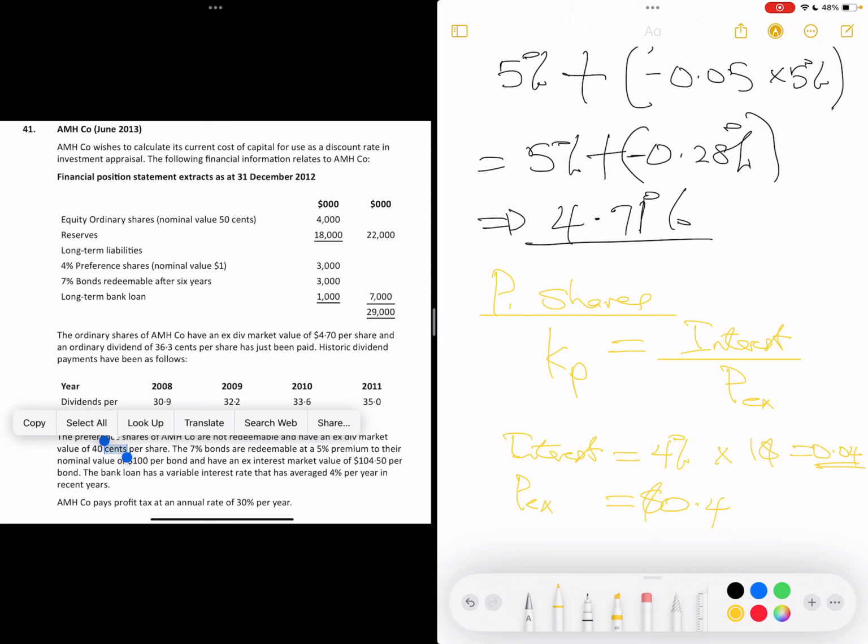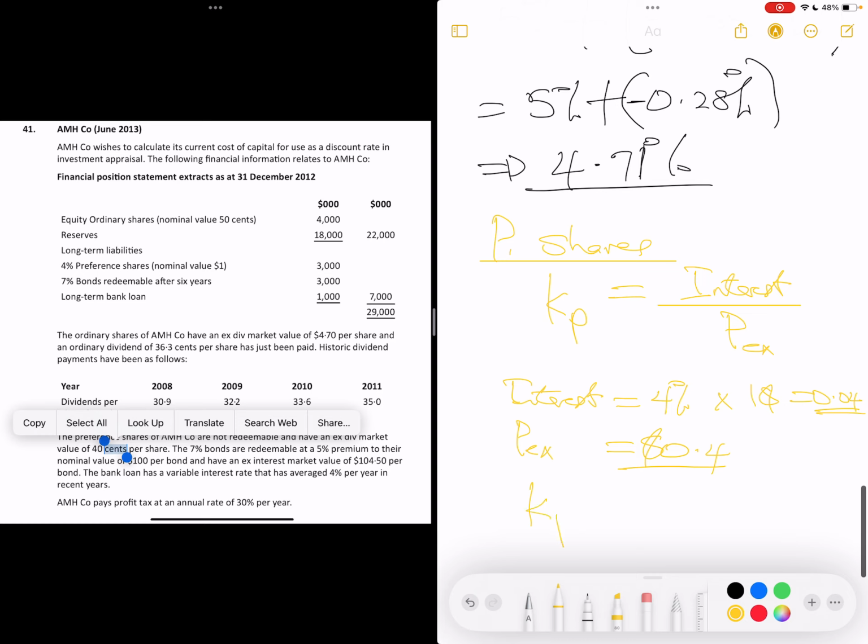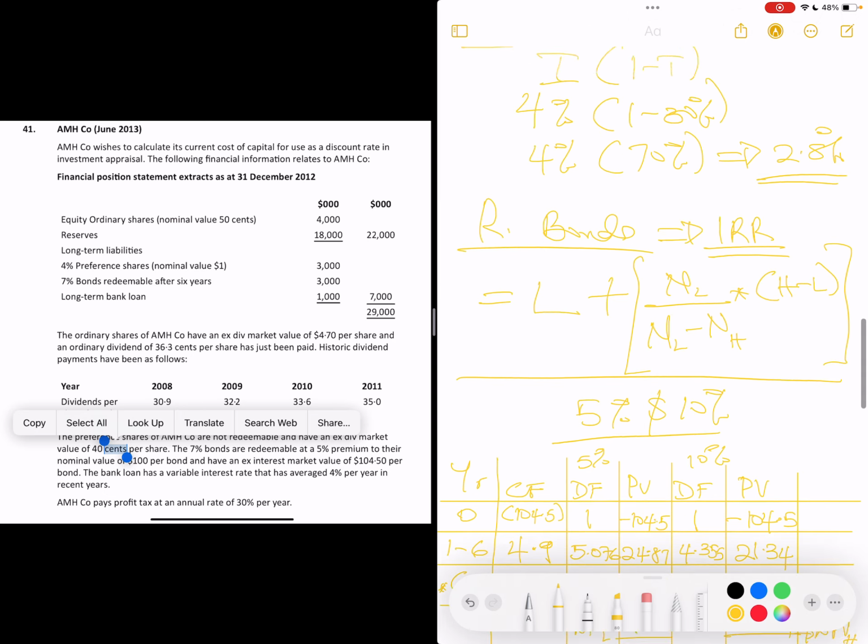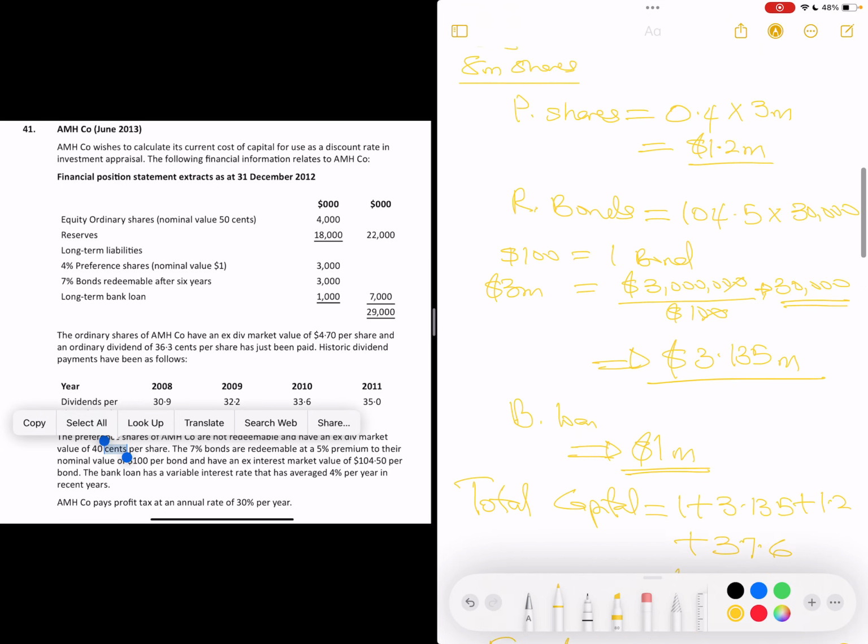So cost of preference shares equals 0.04 divided by 0.4. And if you do that, you have exactly what we call 10%. Pretty easy. So cost of preference share, we put it here to be 10%.